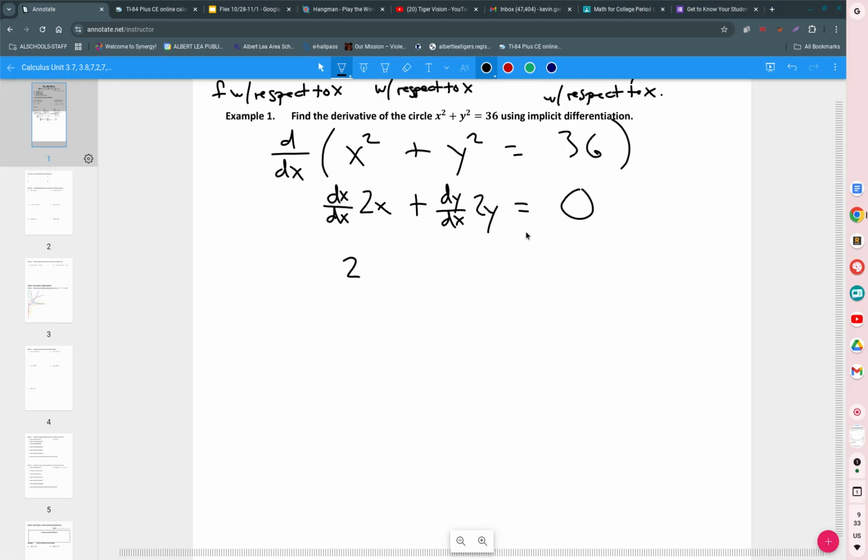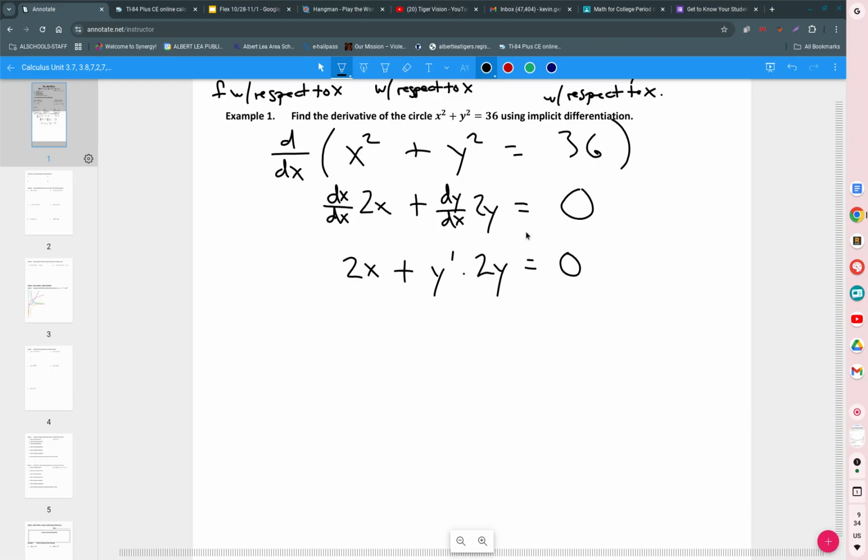So we get 2x plus, and instead of writing dy over dx, I'm going to write the derivative of y, namely y prime, times 2y is equal to 0. Everybody agree that I can exchange dy over dx with y prime, that those mean the same thing, the derivative of y?